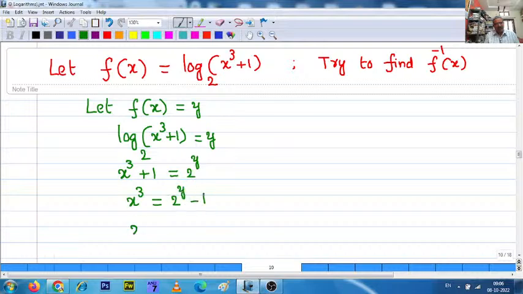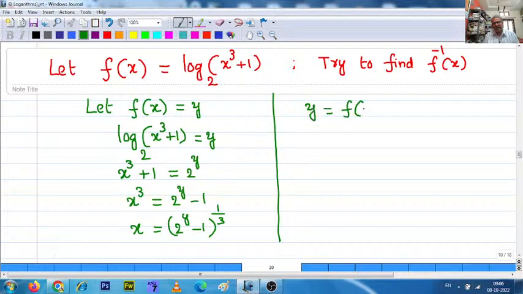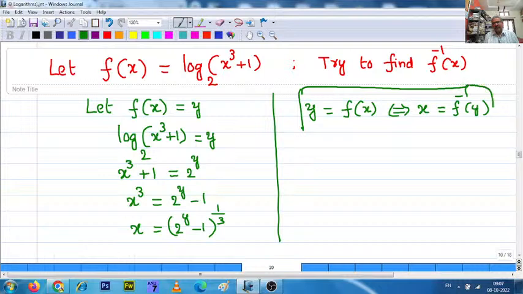So what does x stand for? x is equal to (2 to the power of y minus 1) all to the power of 1 by 3. As per the definition of the inverse of a function, if y is equal to f of x, then x is equal to f inverse y. With the help of this concept, instead of x we can write f inverse y.